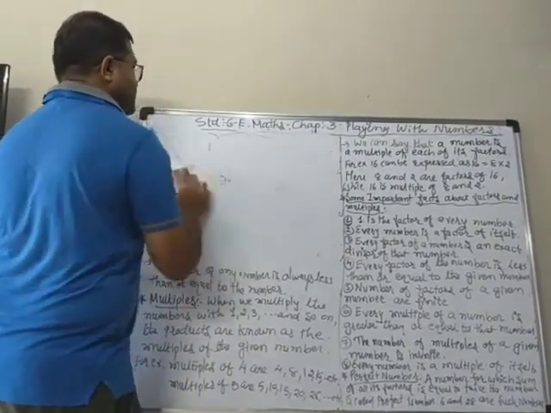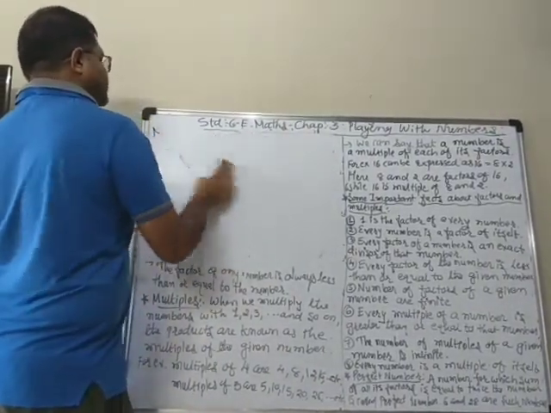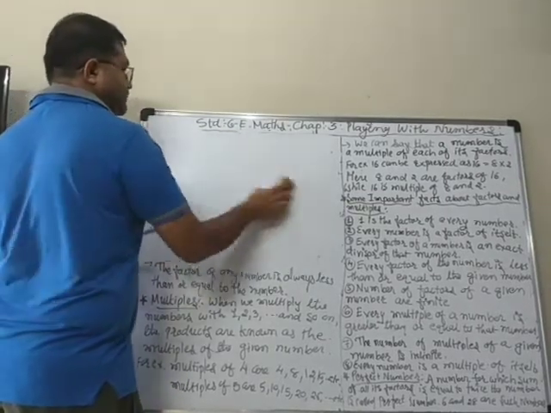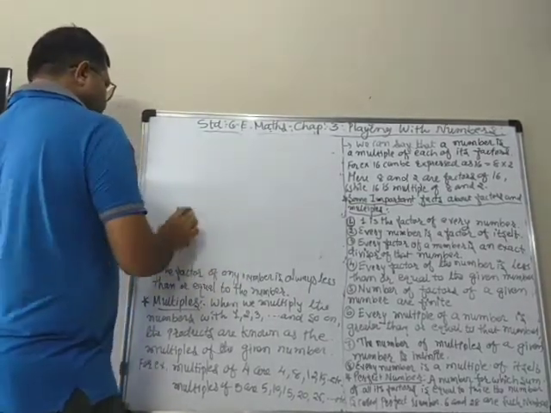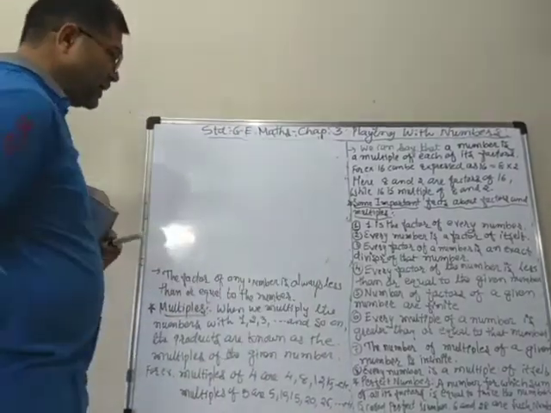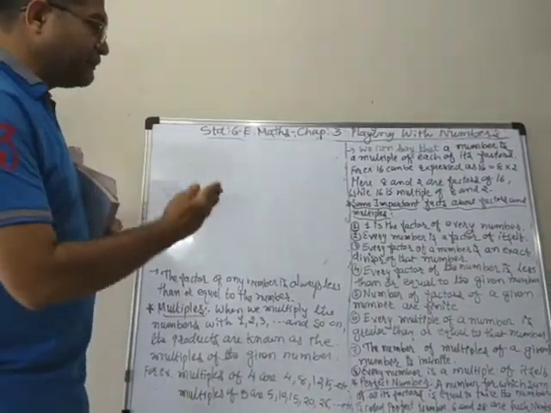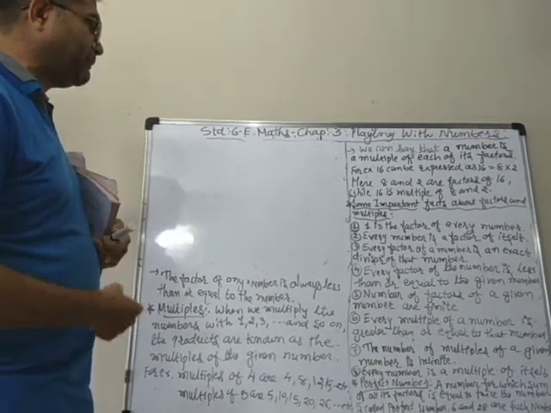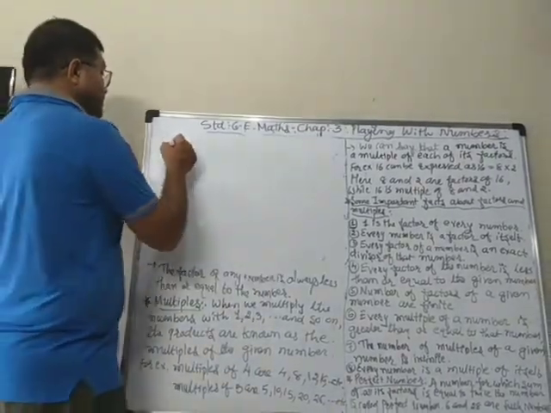That is obvious: multiples start with the number itself and the other multiples are greater than the given number.